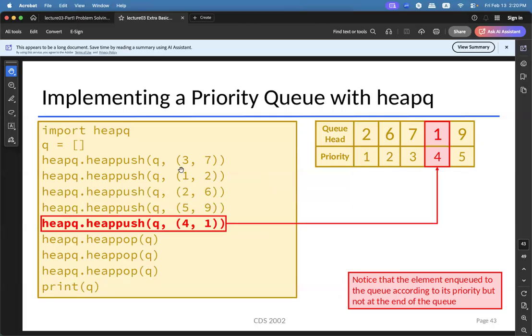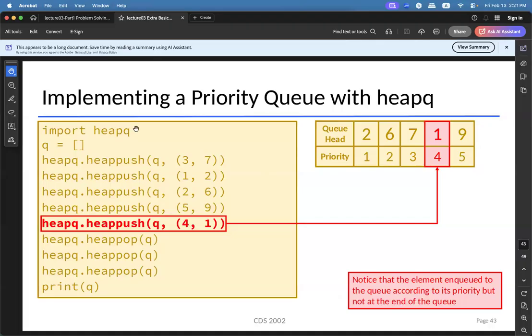If you want to make this structure such that a high value means higher priority, you just put a negative value on it. Then you can convert it into a system where a high value means higher priority. But here, a lower value means higher priority.